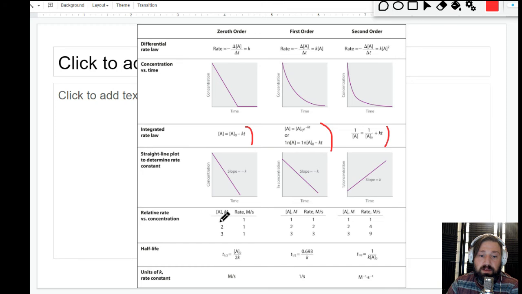So if it's a 1-to-1 change, 1-to-2 change, 1-to-3 change, and so on. This is a nice little cheat sheet. It also includes the half-life, which I'll get to in a little bit.